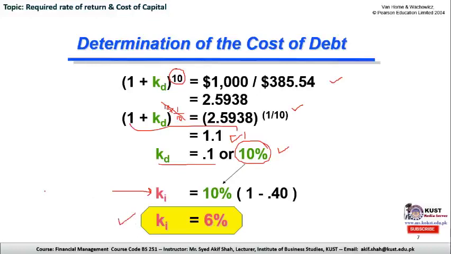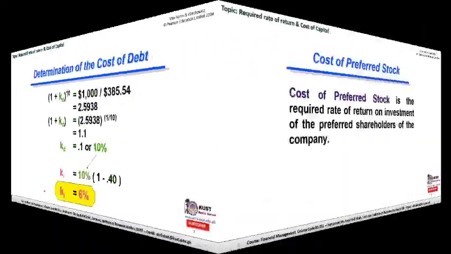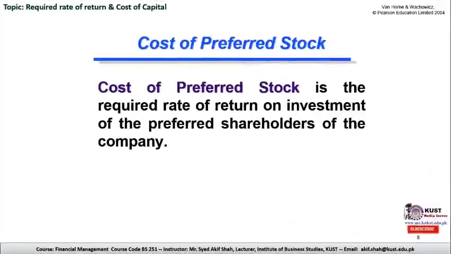So this is the way you can calculate the cost of debt for a company. Let's come towards the second agenda of this lecture, which is the cost of preferred stock, and how to calculate its cost to the company. The cost of preferred stock is the required rate of return on an investment of the preferred shareholders of the company.